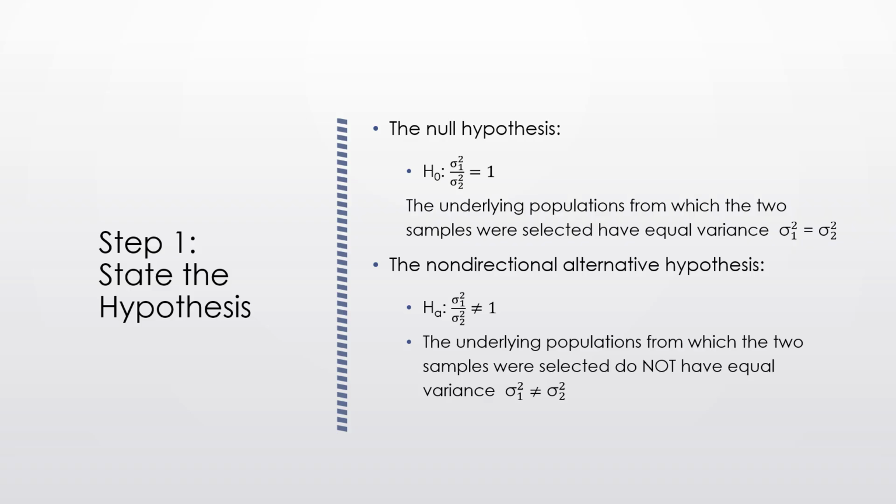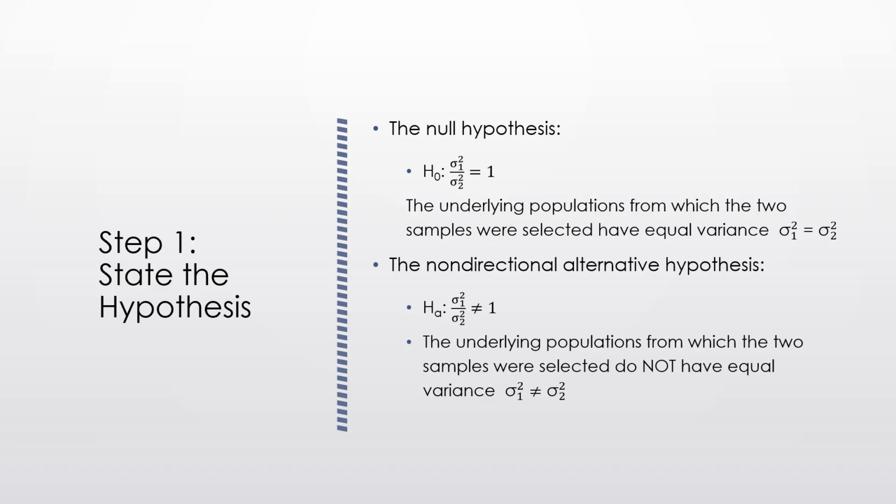The null hypothesis is that the ratio of the two population variances is 1. Mathematically, it's expressed as sigma 1 squared over sigma 2 squared equals 1. The alternative hypothesis is that the ratio of the two population variances is different from 1.